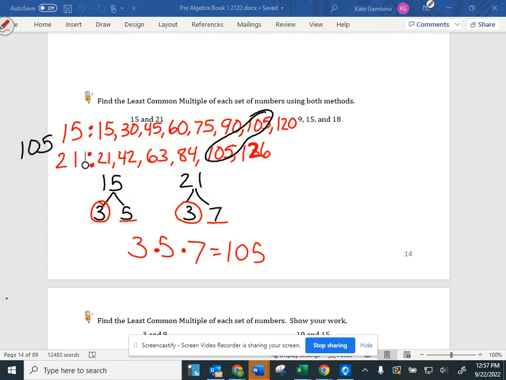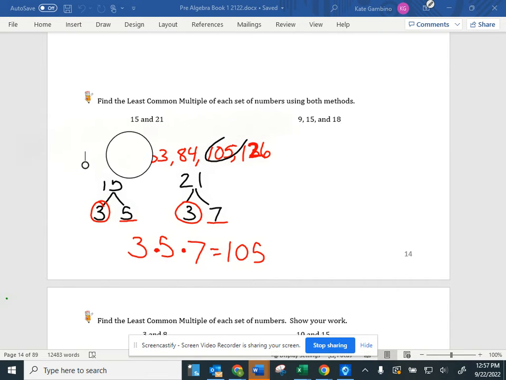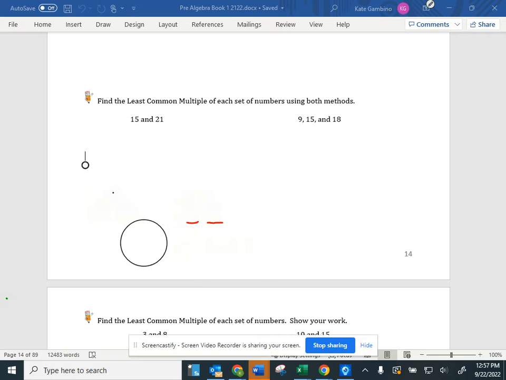Now, our next one, we have 3 numbers. How do I do this with 3 numbers? Oh my goodness. I make my list the same way. Multiples of 9.